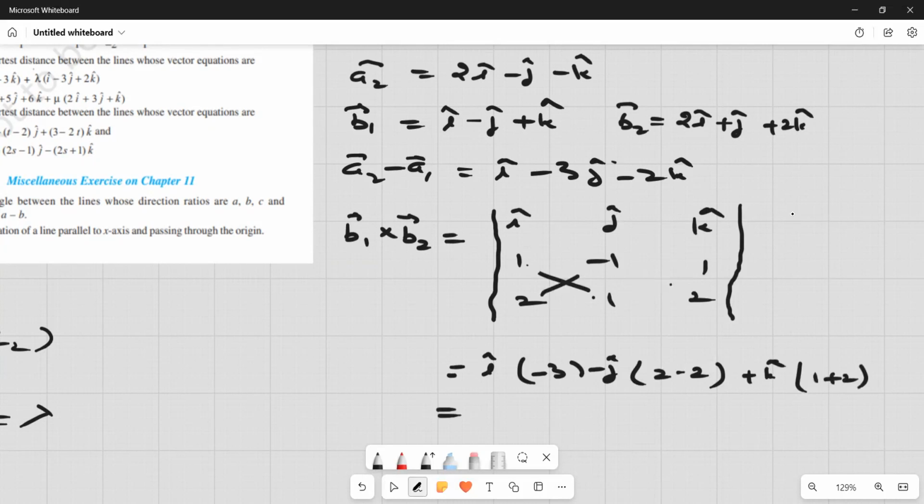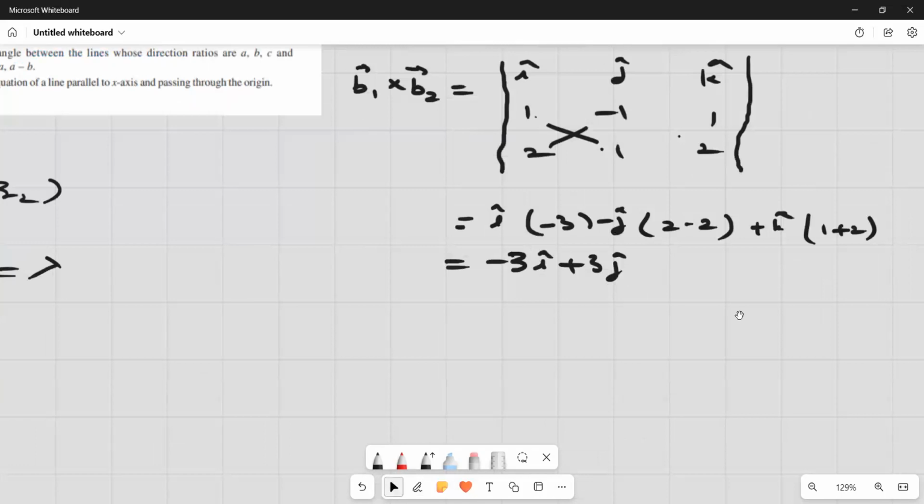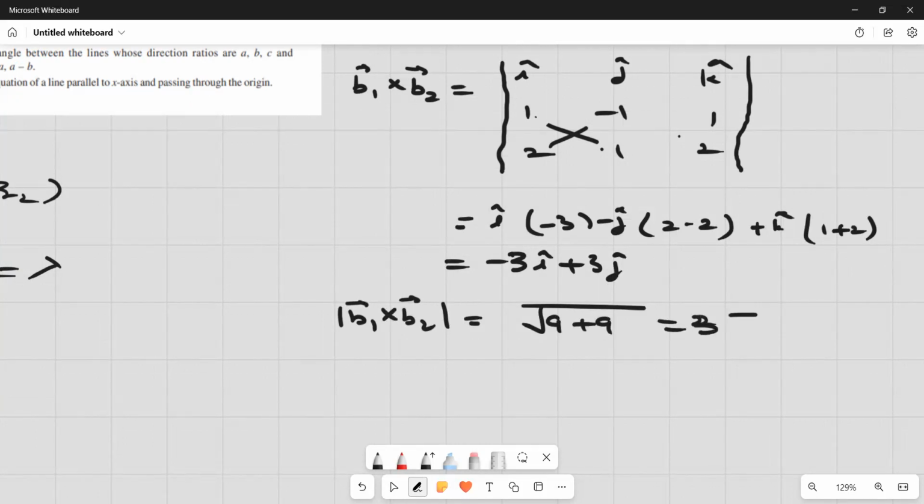So I am getting minus 3i plus 3j. This is your b1 cross b2. Remember that b1 cross b2 gives you a vector perpendicular to both b1 and b2. So the magnitude of b1 cross b2 is the square root of 9 plus 9, 18. So that is 3 root 2.